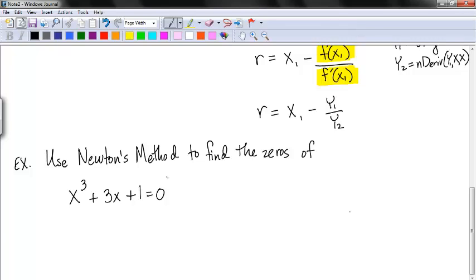Okay, so first, let's graph that. So put in x cubed plus 3x plus 1, and I'm going to give you a window on this one. The x window I want to be -4 to 4, and scale 1.